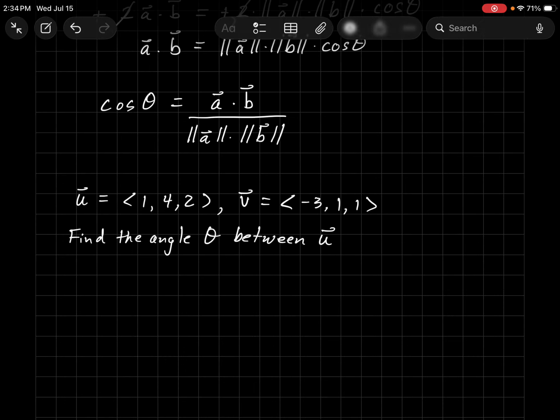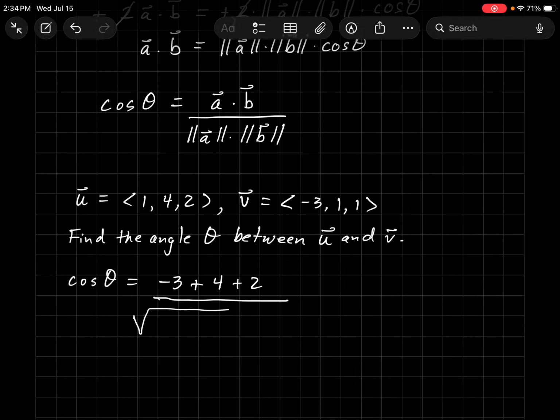Well, it's pretty straightforward. The cosine of theta, we'll find the cosine of theta first, is the dot product of u and v. So I'll have 1 times negative 3 plus 4 times 1 plus 2 times 1, all over the magnitude of u. I think I said A and B. It's u dot v.